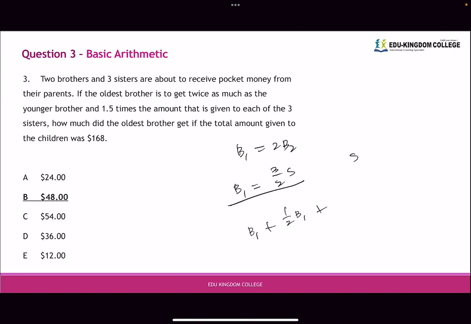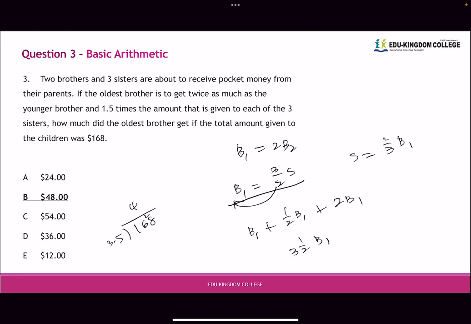Each sister actually gets 2/3 of brother 1. If we rearrange this, the sister equals, and then move this over, it flips over and becomes 2/3 B1. But then there are 3 sisters, so all together they get double brother 1. So all 3 sisters together get 2B1. That is 3.5B1 altogether. So 168 divided by 3.5: 3.5 goes into 6 4 times, 4 times 3.5 is 14, which leaves over 28.